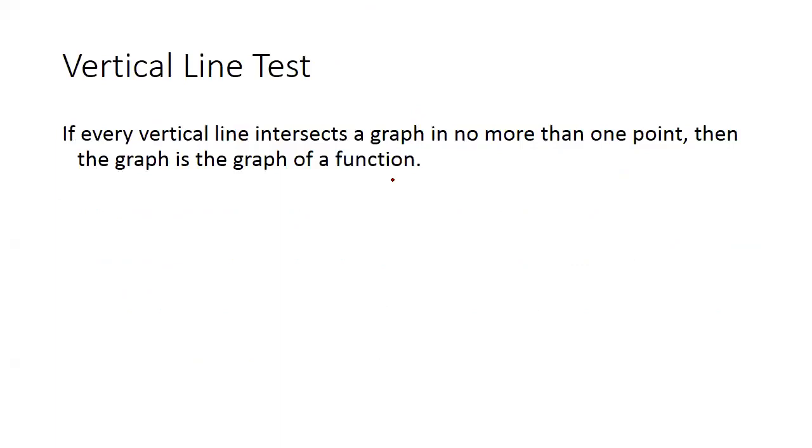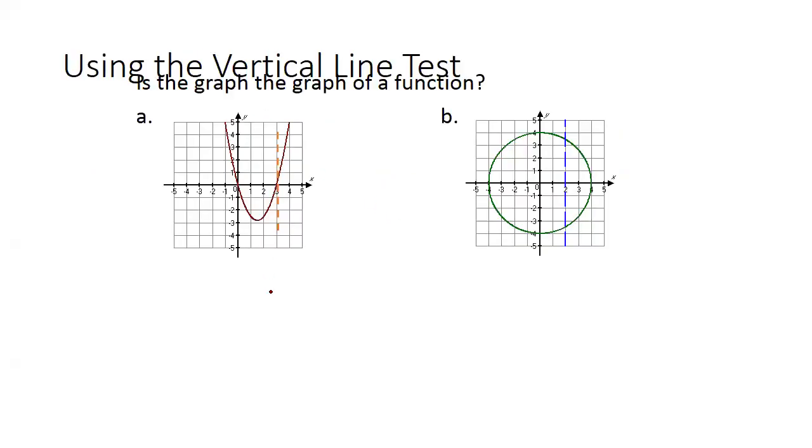Now, this is something known as the vertical line test. Remember I said the 2 points cannot be right on top of each other. If they are, then it's not a function. So basically, they're saying that if you draw a vertical line through your graph, and that vertical line only intercepts your graph at 1 point and 1 point only, then that would be a function.